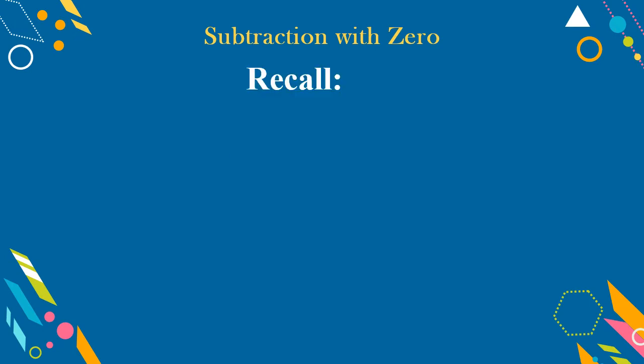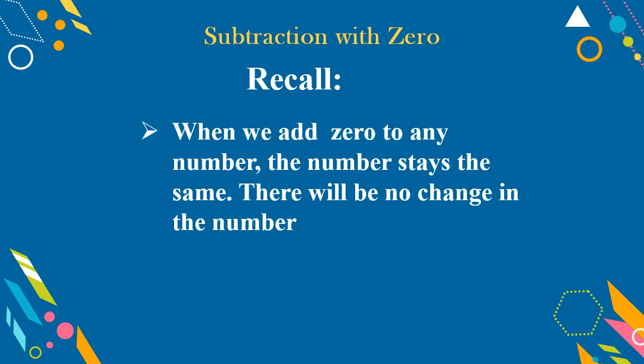Before doing subtraction with 0, we should recall some important points from lecture 6. We have studied that when we add 0 to any number, the number stays the same.